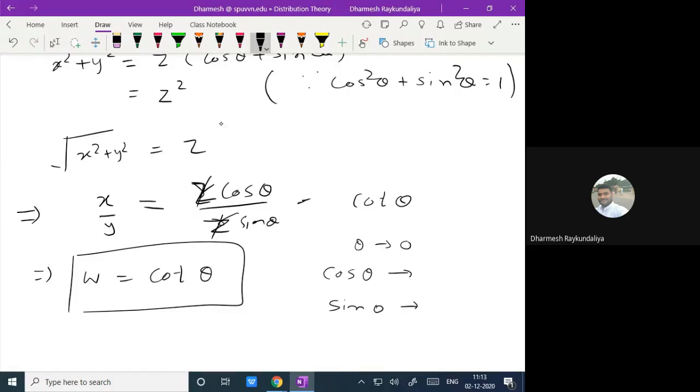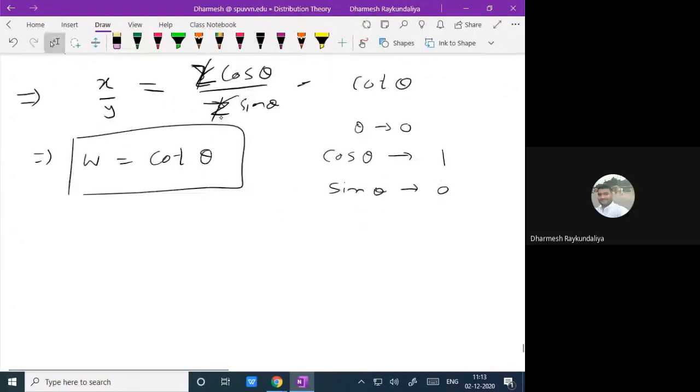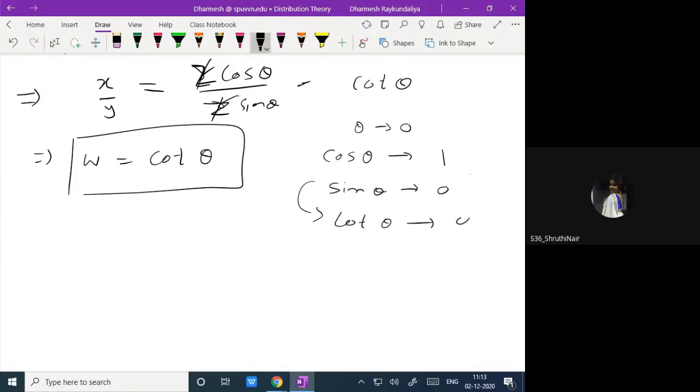Sin 0 is 0, and cos 0 is 1. So what about 1 upon 0? It is infinity, which implies cot theta is infinity.